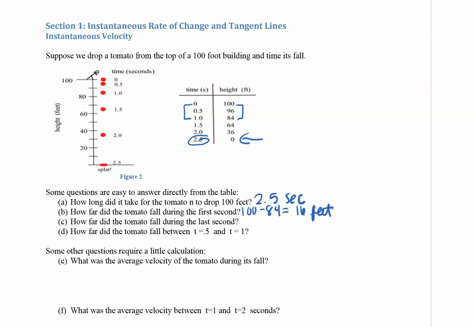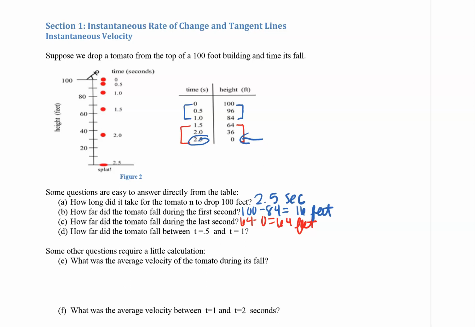How far did the tomato fall during the last second? Well, the last second would be between 1.5 and 2.5. There's the last second there. We went from a height of 64 to 0. So, being a bit ridiculous, 64 minus 0. That would be 64 feet. How far did the tomato fall between t equal to 0.5 and t equal to 1?